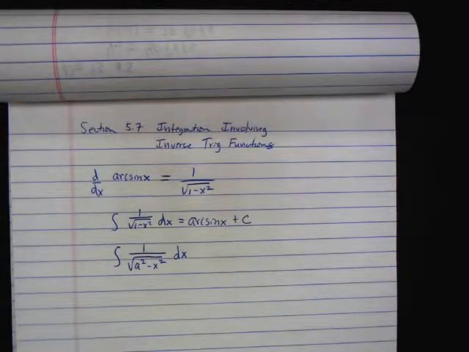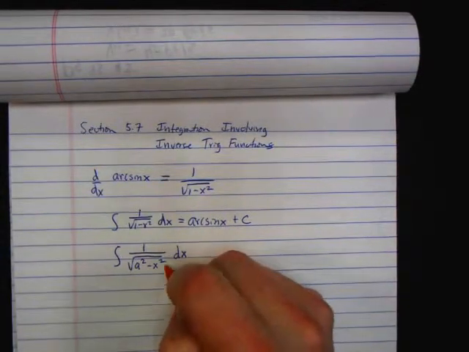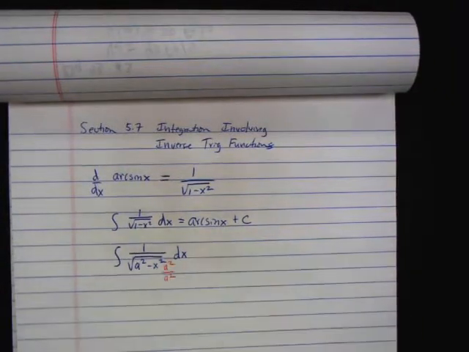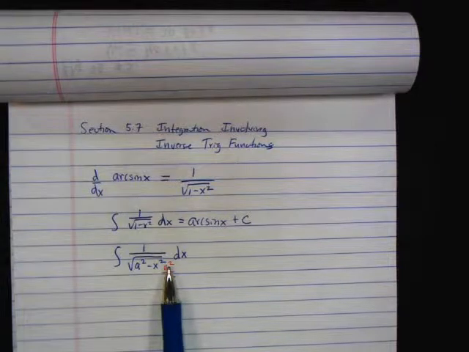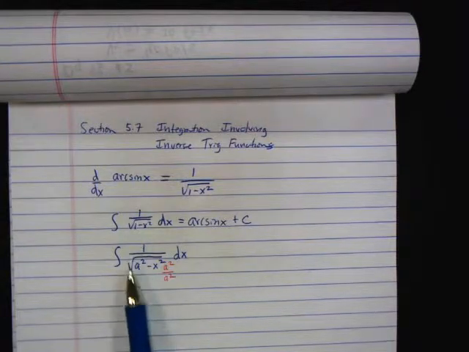What you would do, I'm not going to work it all out, but I'll tell you what you would do. You would think of this x squared right here as x squared times a squared divided by a squared. And then how does that help? Well, I've got an a squared here and an a squared there. What can I do? Factor out. When I factor the a squared out of there, what am I going to be left with?